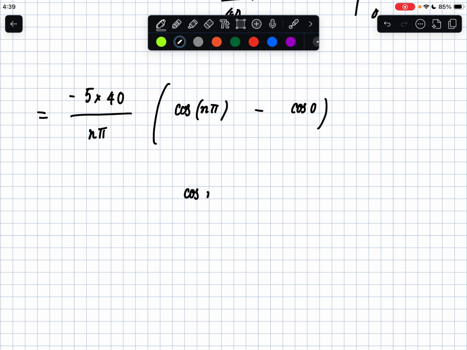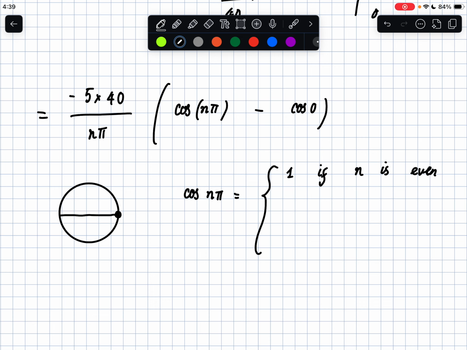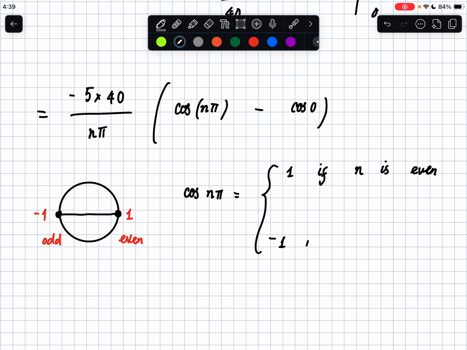Cosine n pi equals 1 if n is even. So we can draw the unit circle. Cosine n pi is here or here: 1 if n is even, and minus 1 if n is odd.